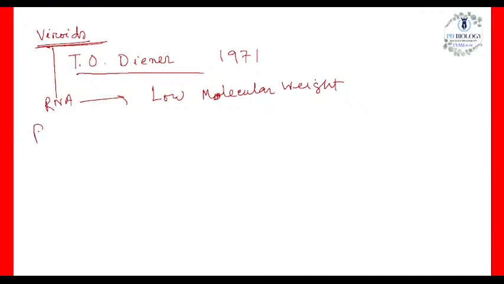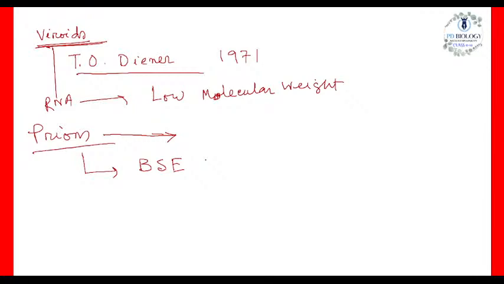After viroids, the prion. It is an abnormally folded protein which transmits certain infectious diseases. Remember this: prions are almost the same size as viruses. The important disease caused by prions is BSE. Can you tell me the full form?